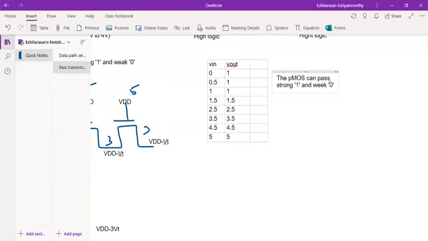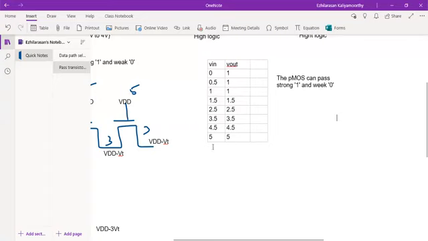This is a very, very important point you need to remember. Always we can say the PMOS is good at passing strong 1 and weak 0. And in the same way, NMOS is good at passing strong 0 but weak 1.